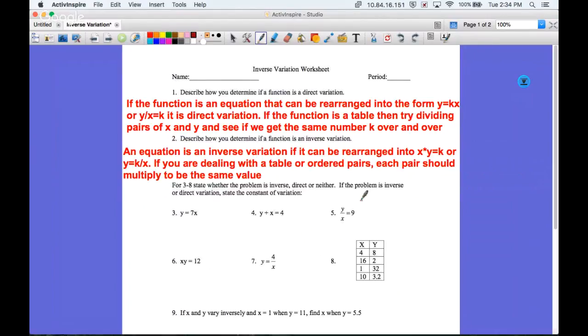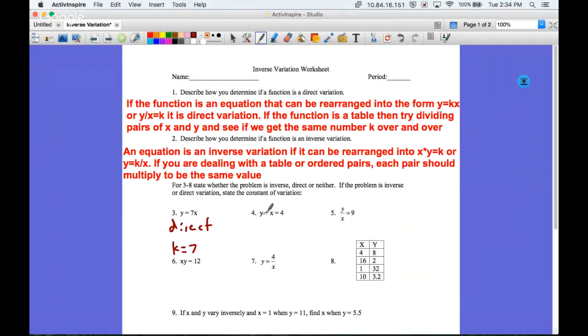Okay, so moving on, problems 3 through 8, we're asked to state if the problem is inverse or direct variation, and then state the constant of variation. So 3 is already in this form here, so we know this is direct, and we know that k equals 7.